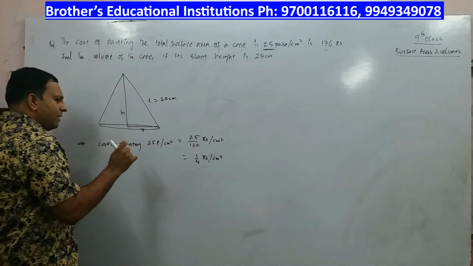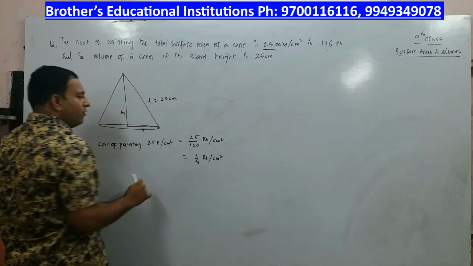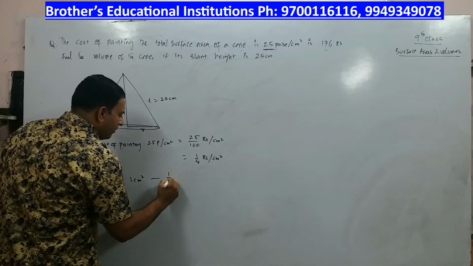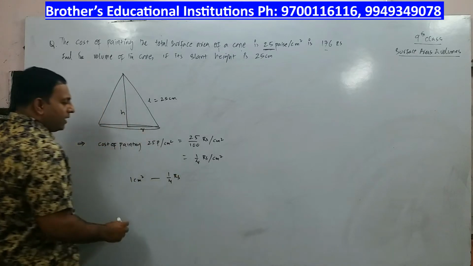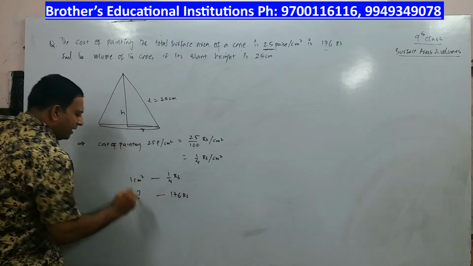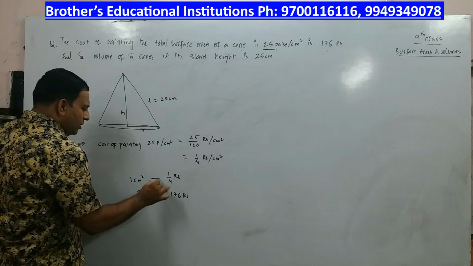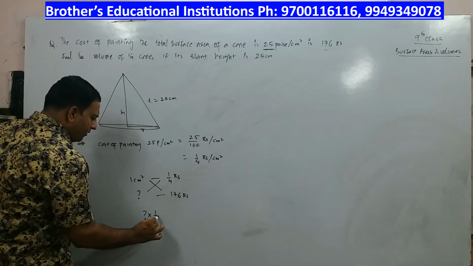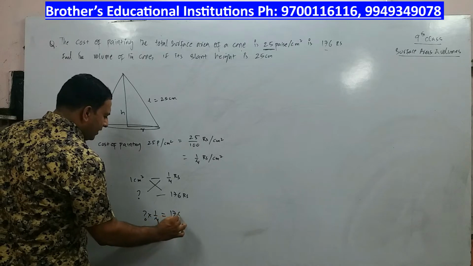Now for 1 centimeter square, the cost is 1 by 4 rupees. And if the cost is 176 rupees, how many centimeter square is the area? This is the question. So let us cross multiply. Question mark into 1 by 4 is equal to 176 into 1.